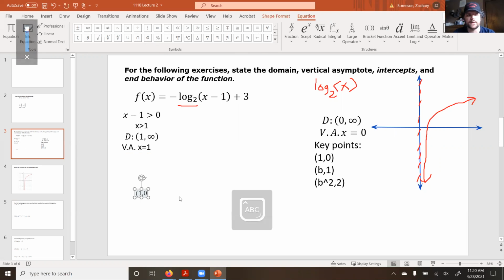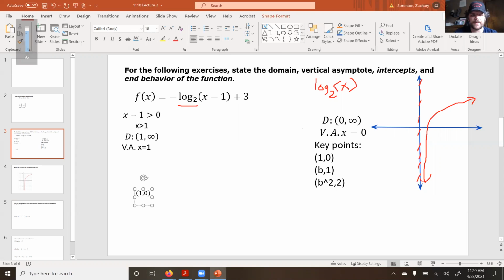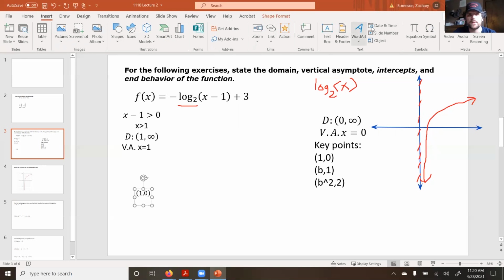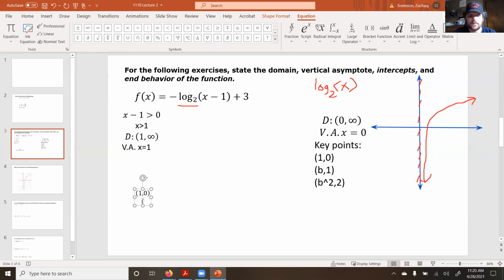That's always going to be there. And then b in this case is 2, so 2, 1. What are the transformations happening to my log function?